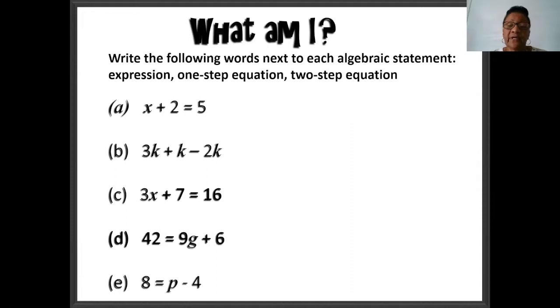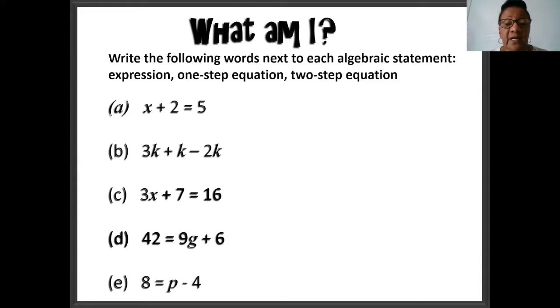Now, what am I? Write the following words next to each algebraic statement. You can write the word expression, one-step equation, or the phrase two-step equation. So we have 5 of them.